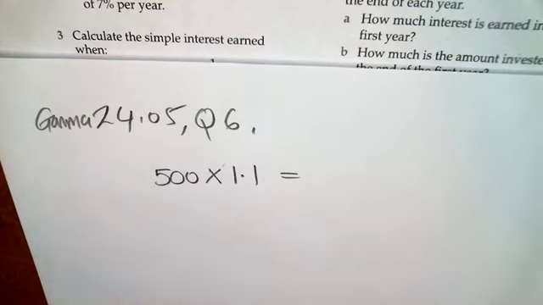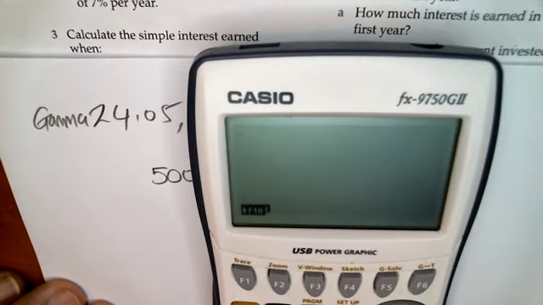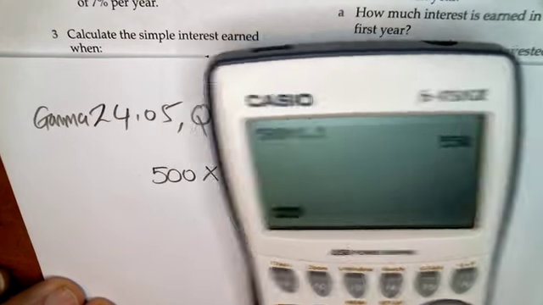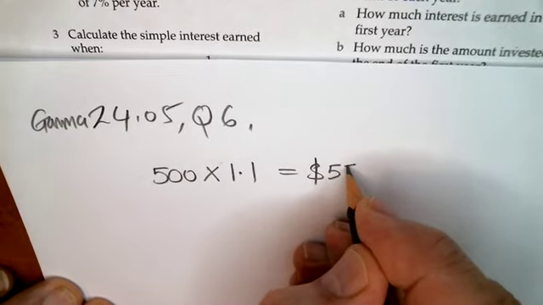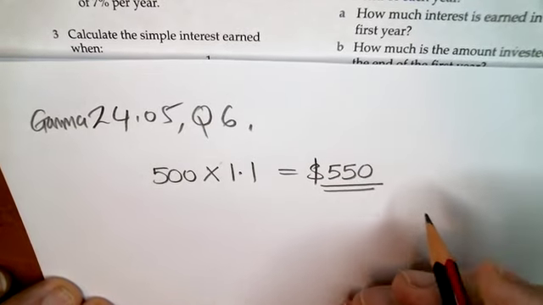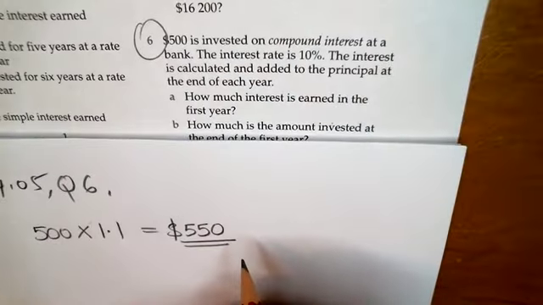Chances are you're going to do this in the exam on a calculator. So it's 500 times 1.1, and we've got 550. So that is your new balance at the end of the year.